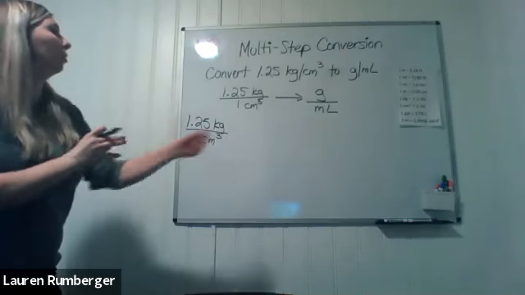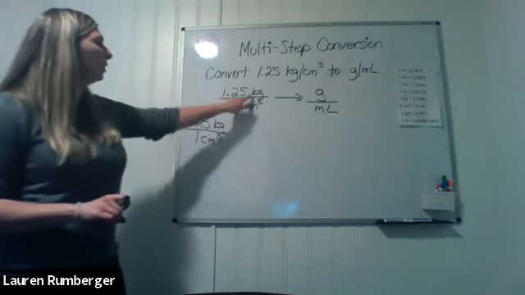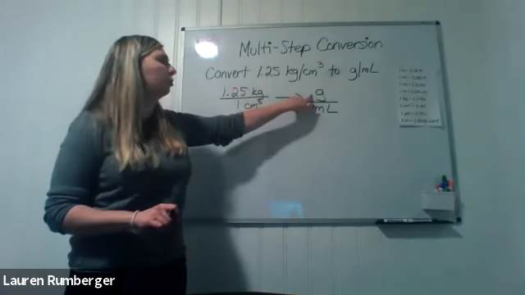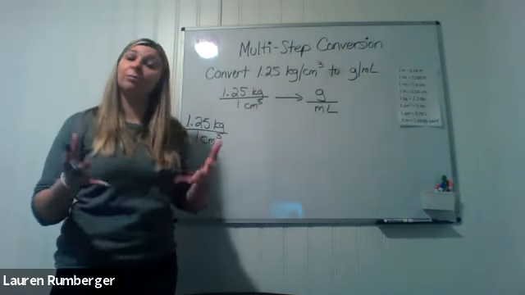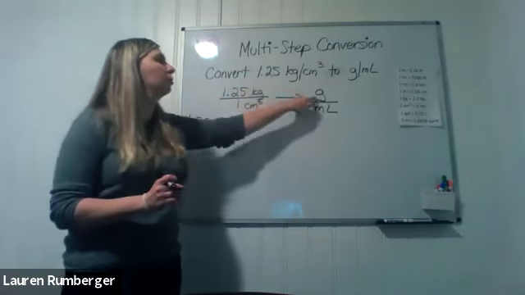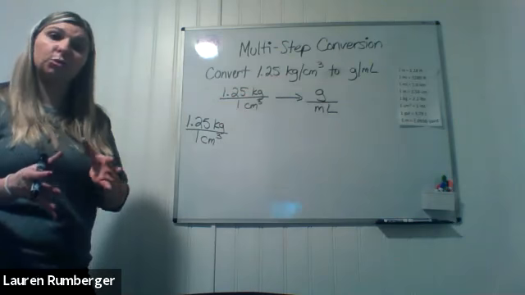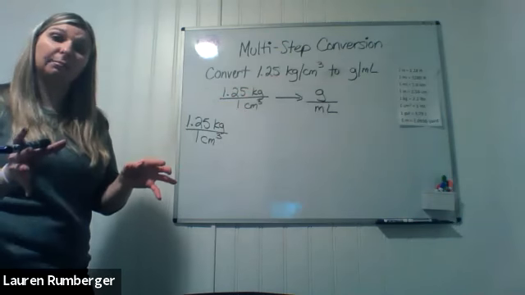Okay, so let's talk about what it is that we are converting here. We are converting kilograms to grams first. Well, you can do either one first, but I'm going to focus on doing kilograms to grams first. What is the relationship that we know between kilograms and grams?